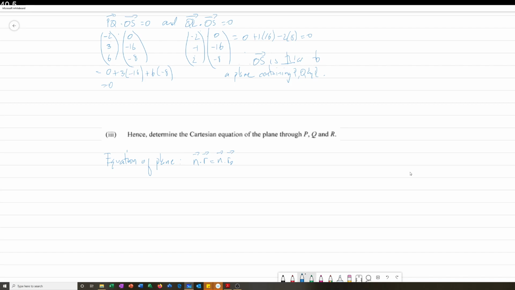And here N is the vector perpendicular to the plane. And r naught is a point in the plane, or vector in the plane.